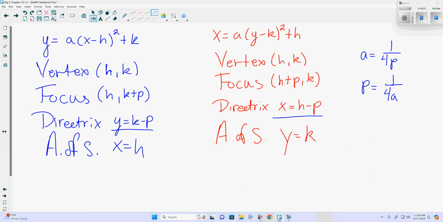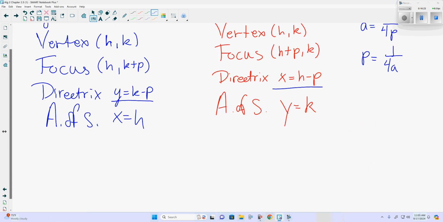Now if we look back at the general forms from vertex to focus, and this is why I ordered them this way. If we look at the first one, the first spot in the vertex is h, because it's h comma k, yes? If I look at the focus's first spot, it is still just h. We didn't do anything to it.